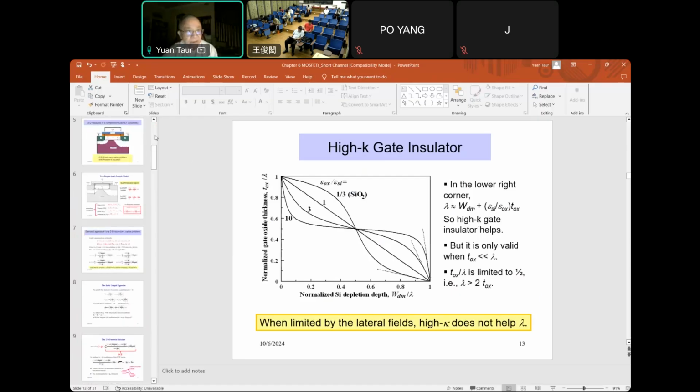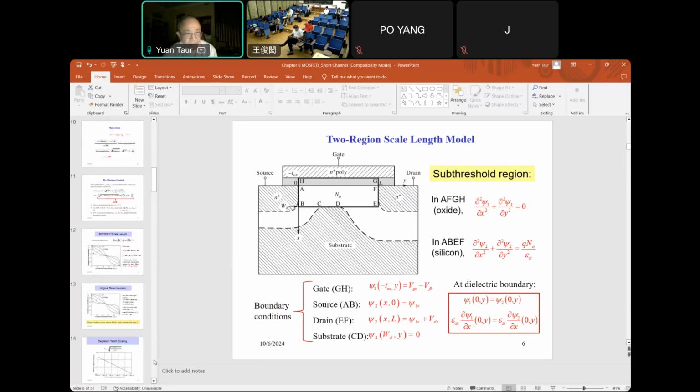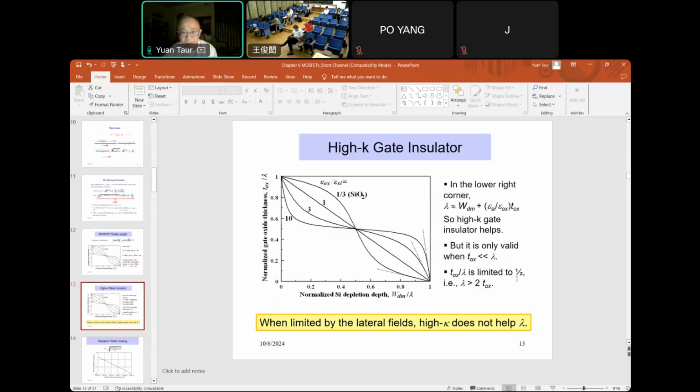Let's go back to when oxide is thin, it's limited by the vertical field. But for high K, the oxide can be very thick. In that case, it's the lateral field. For the lateral field, there's no dielectric constant. That dielectric constant doesn't play a role.